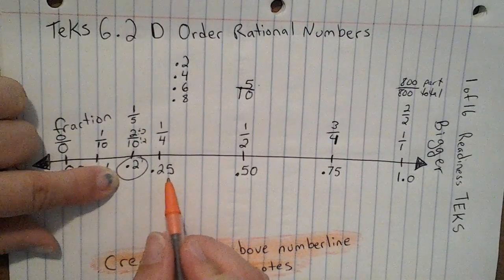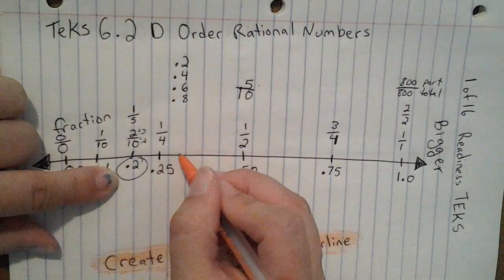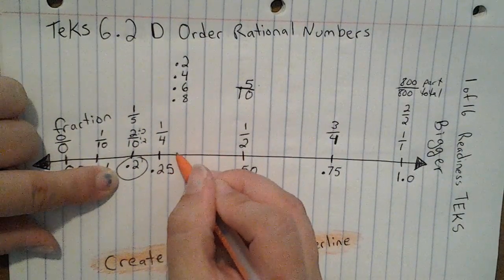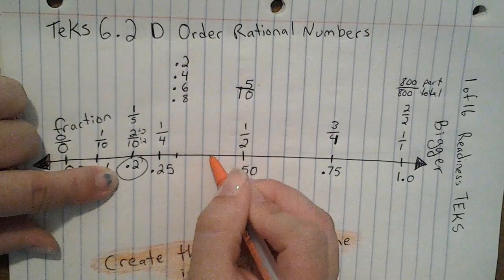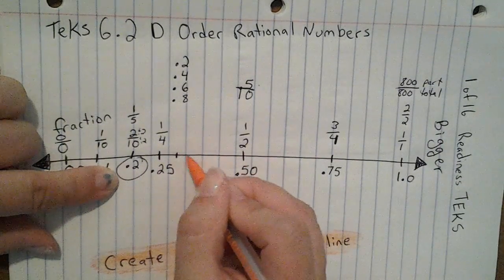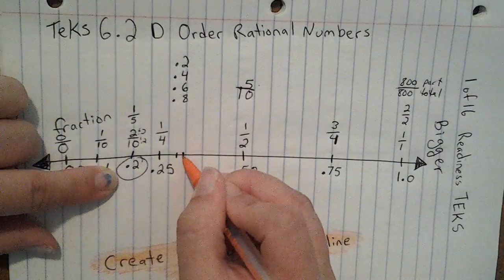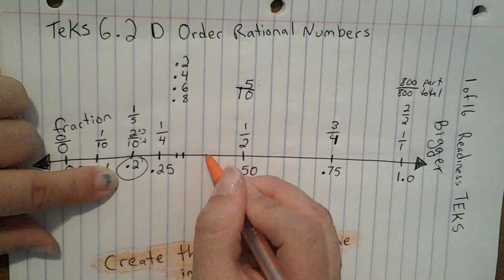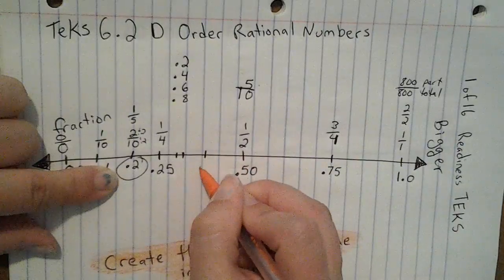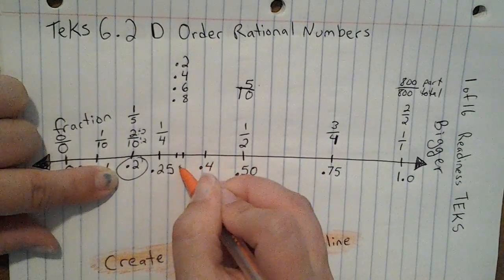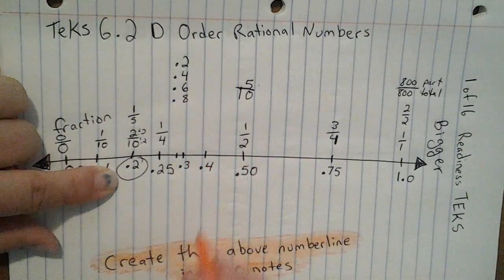Then, let's work our way to the other side here. After that would be 3. Well, 3 would be closer, yes, but probably not that close. I should put it maybe here-ish. And then we'll say 4 would be here. So we've got 4/10 here, 3/10 here.